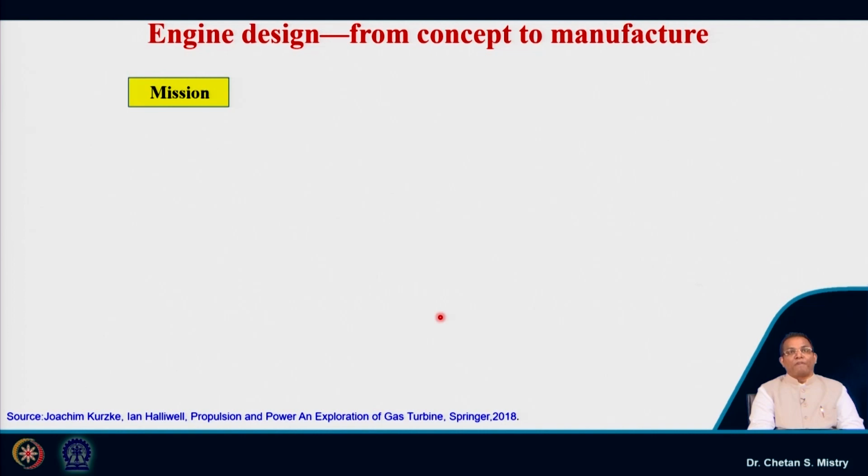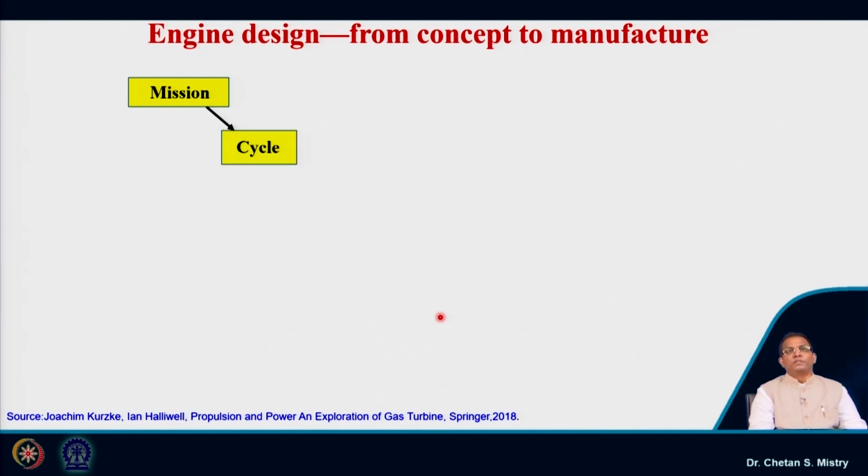Say I want to fly from one distance to another, I need to fly at a particular speed, I need this engine to be very efficient in terms of fuel economy, and I want this engine to be environmentally friendly. All of those we consider as the mission for the aircraft engine.